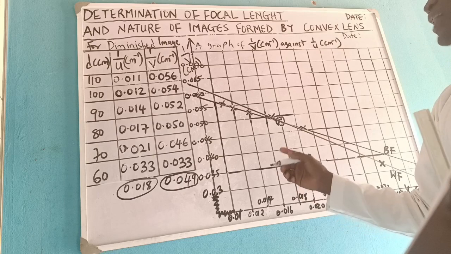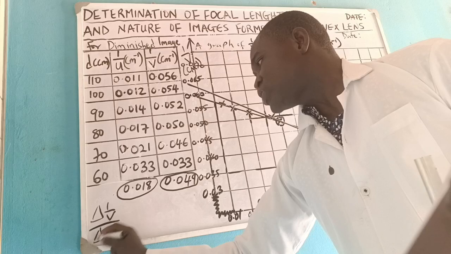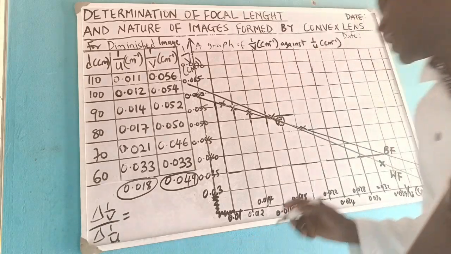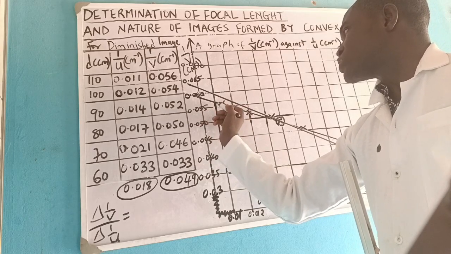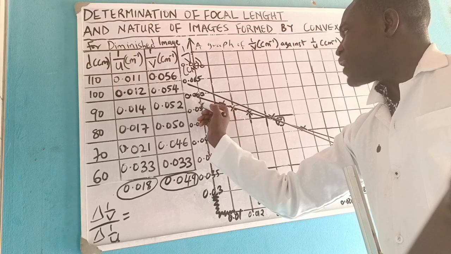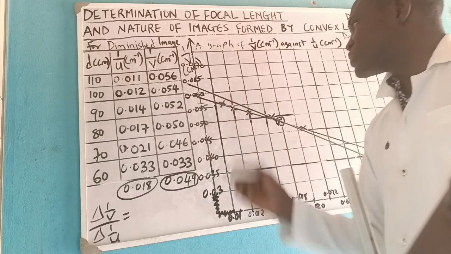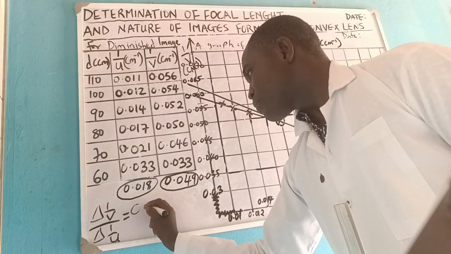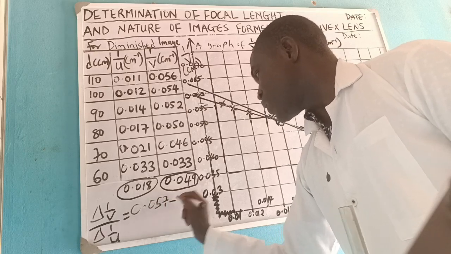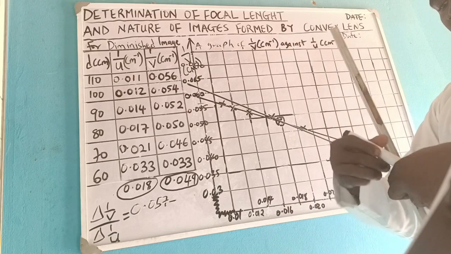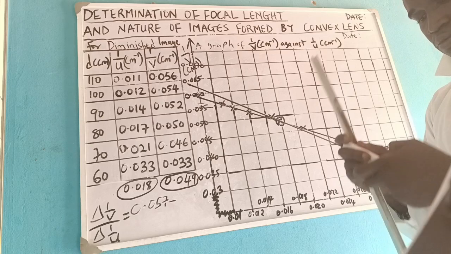Now, you say that means change in 1 over v over change in 1 over u. Yes. What is the highest point here? Highest point here is about 0.057. Trace it to that point. So we have 0.057 minus, you take the lowest one.